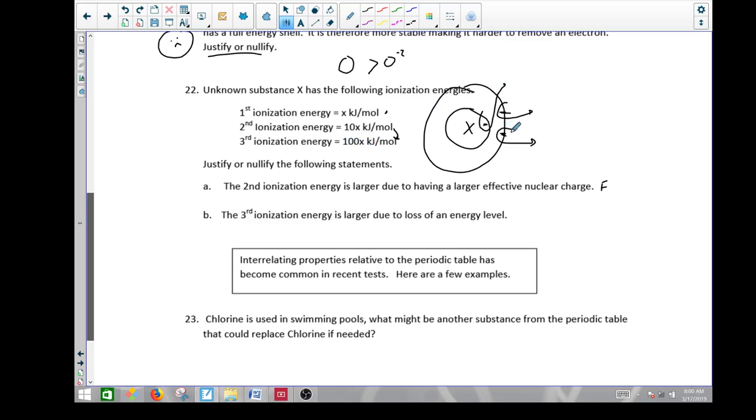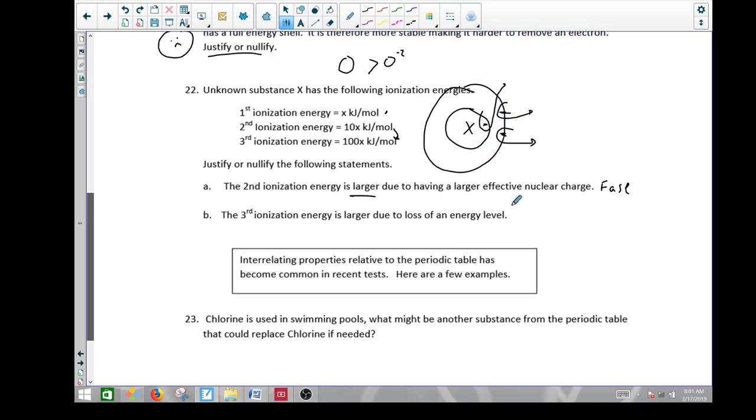So why is it that this one is more difficult to remove? One, technically, false. It is larger, true, but the reason is false. The effectiveness is the same because we have the same number of protons. The effective charge would have more protons on a given energy level. Same number of protons, so the same effectiveness.